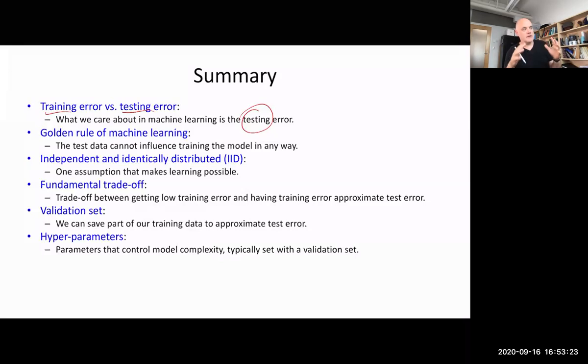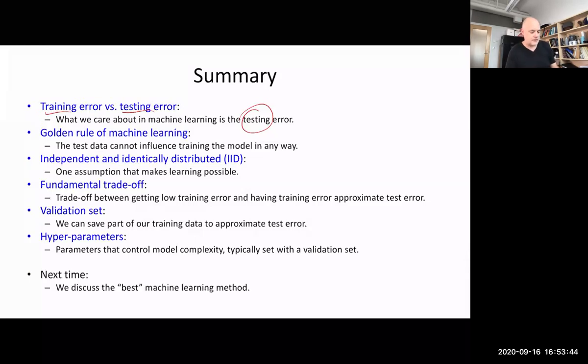Hyperparameters are parameters that control model complexity in some sense. Here we're talking about tree depth, or, as the questions have hinted at, the number of features that you have. These are very good hints, but they'll be confusing right now, so just hold them in your head for a little while. These are hyperparameters that you can control, and you usually set them with a validation set.